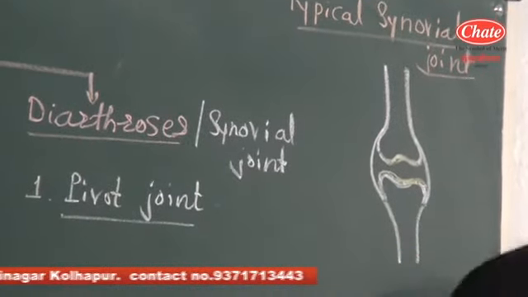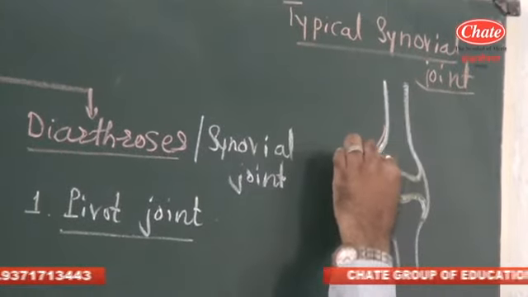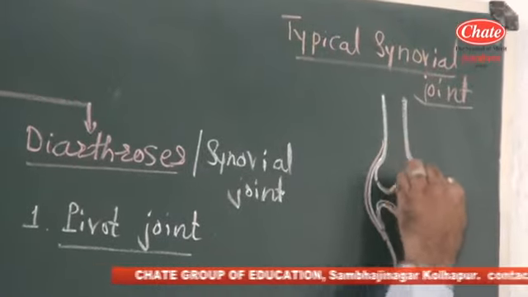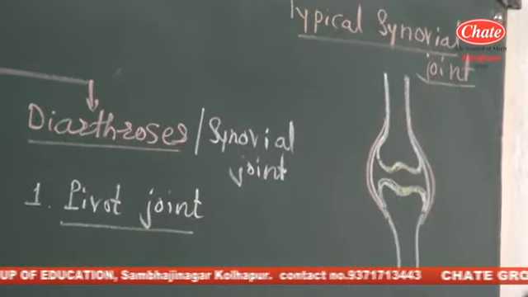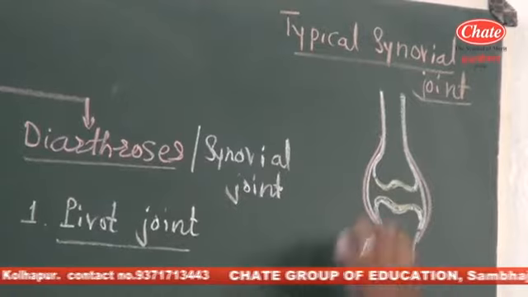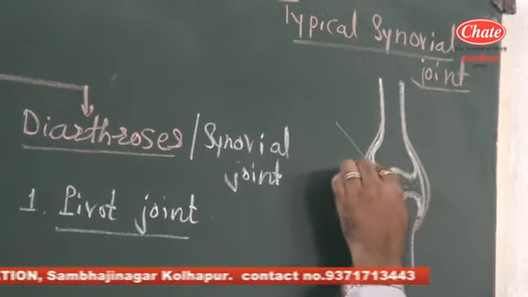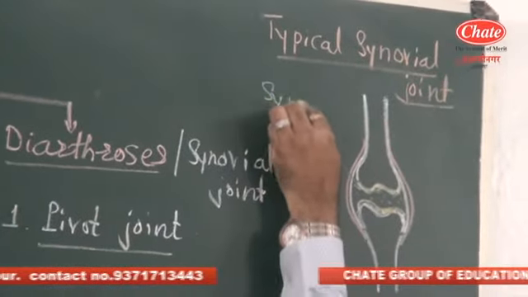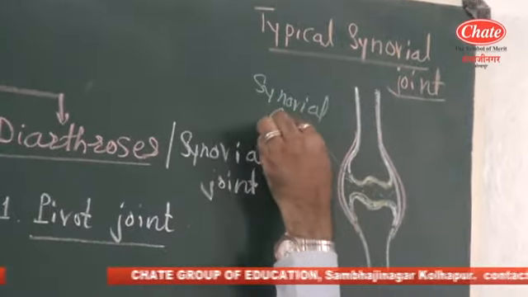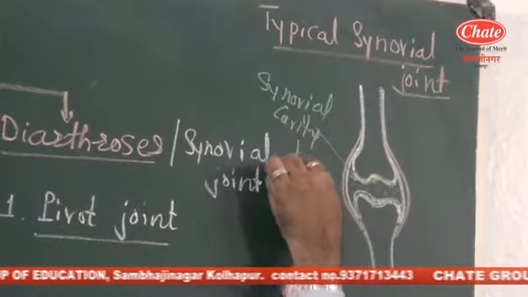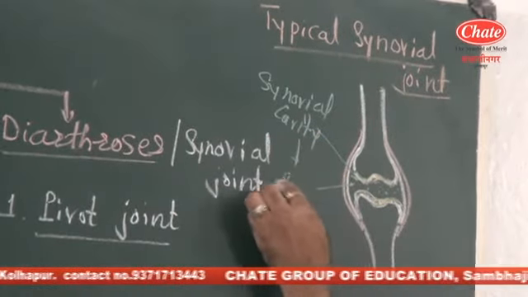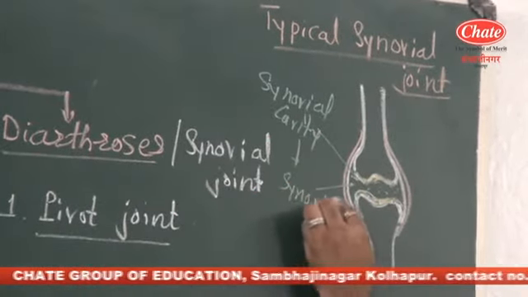This synovial membrane is externally covered by ligament, and in between these two articulating bones we can observe a cavity. It is termed the synovial cavity. This synovial cavity is filled with fluid, that is synovial fluid.